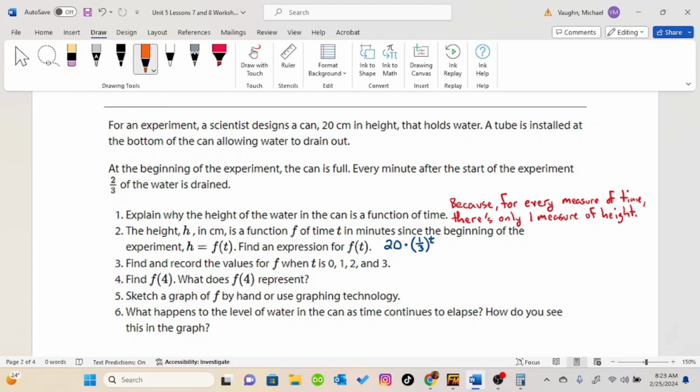Number 3, find and record the values for f when t is 0, 1, 2, and 3. So f of 0 would be the initial starting height. So that equals 20 centimeters.